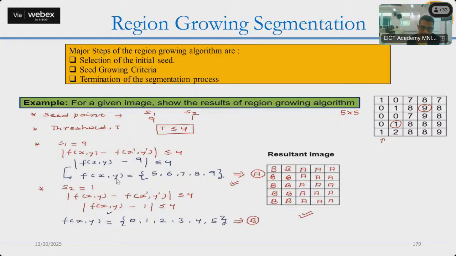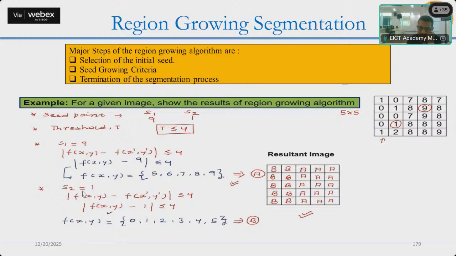When f(x,y) takes 5, 6, 7, 8, 9, in all those cases the mod is less than 4. Wherever this mod is there, this is the A region.